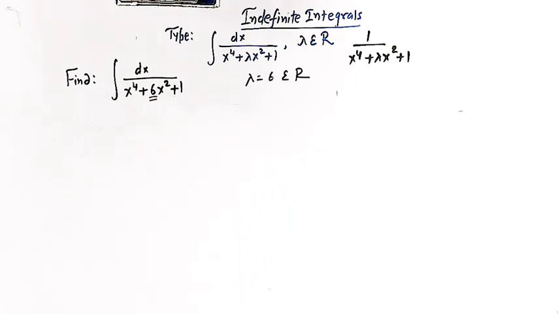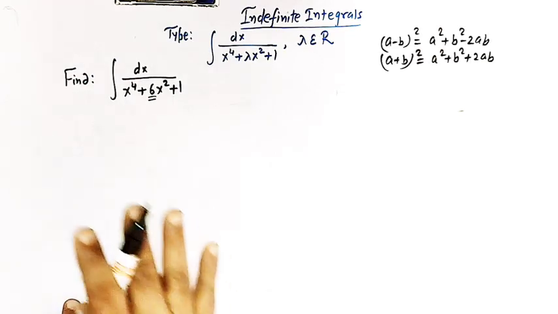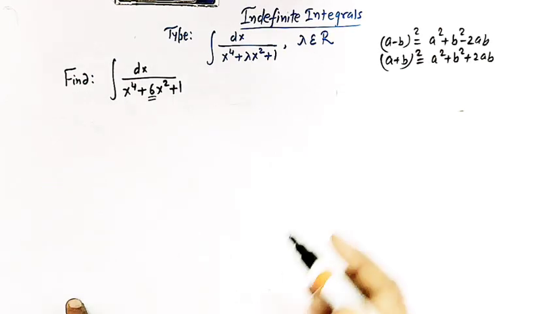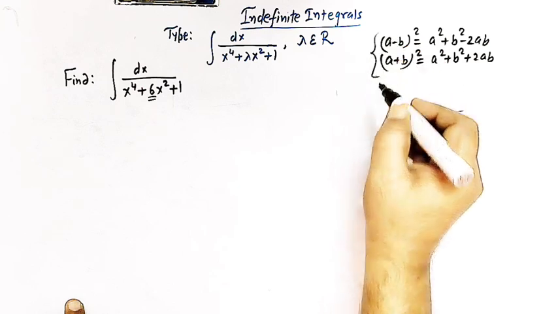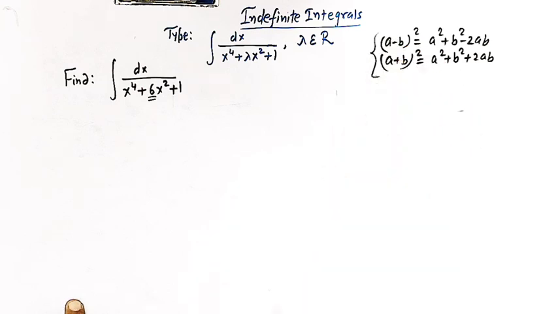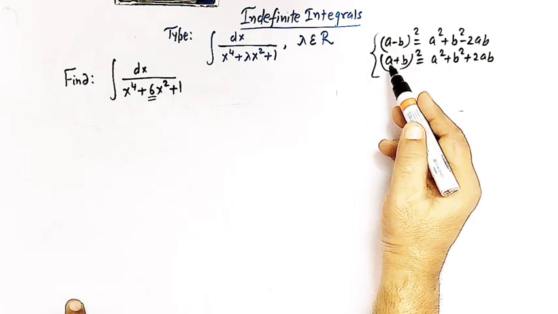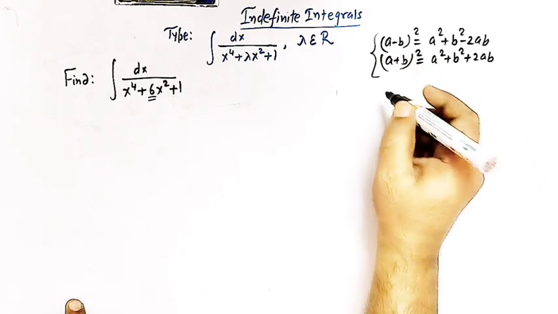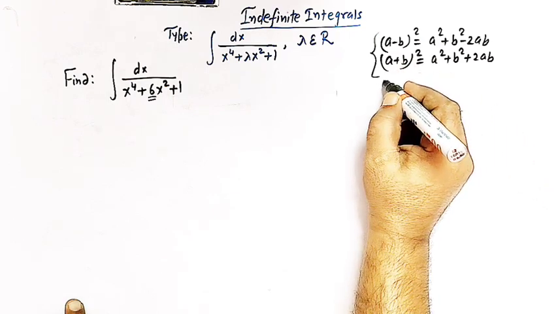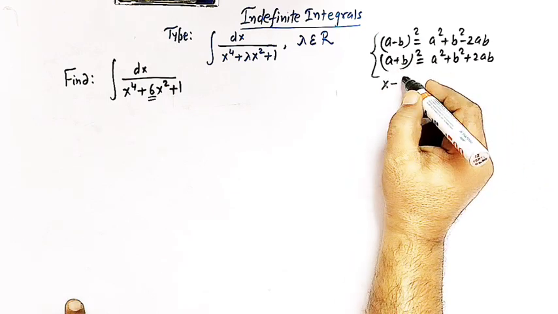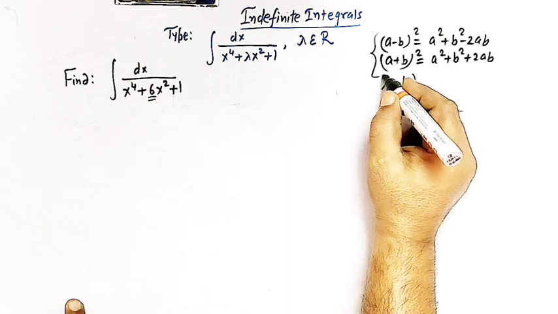Let us first see some important results which we are going to use. While solving this type of indefinite integral, we'll make use of two important identities, a minus b whole square and a plus b whole square. Take the expression x minus 1 over x whole square.